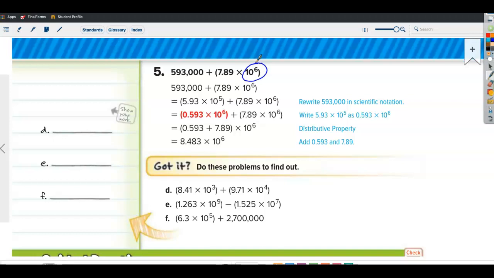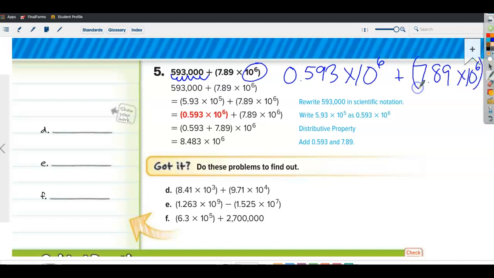Move your decimal 6 times, what do you get? 0.59. Good, so 0.593, and then I could write those zeros, but do I need them? No. Times 10 to the what, Dalton? Good, and I still have plus 7.89 times 10 to the 6, okay?